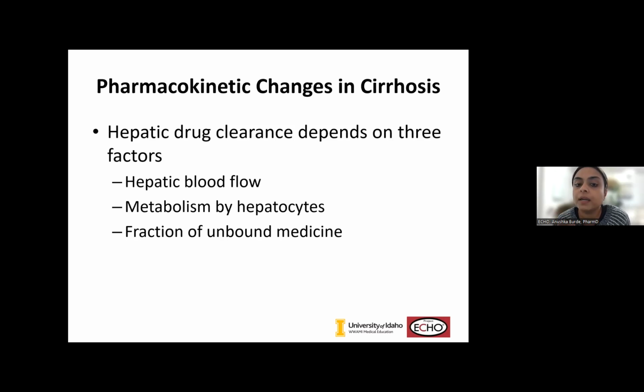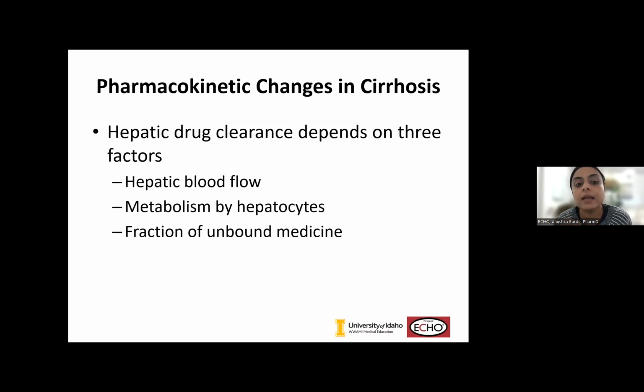Now, there are medications which depend on metabolism by the liver enzymes, for example, PPIs. Proton pump inhibitors such as lansoprazole or pantoprazole depend on the CYP3A4 system, specifically CYP2C19 enzymes. In the setting of cirrhosis, the activity of those hepatocytes or liver enzymes is significantly reduced, which is why a lot of these drugs are not metabolized into inactive substances, and the concentration of those drugs goes up pretty high.